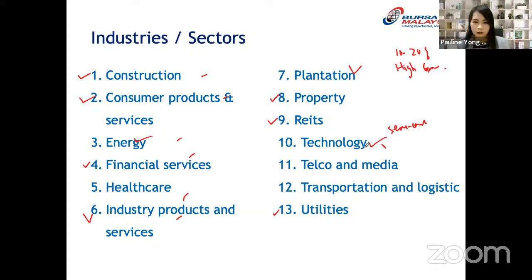However, there are also other technology companies, for education purpose, not for stock recommendation. For example, MyEG is software based, right? It is a platform for you to do payment, and it is not related to semiconductor. So this one is safer in the sense.